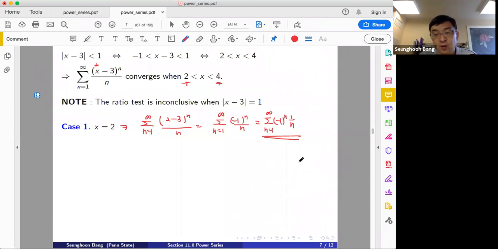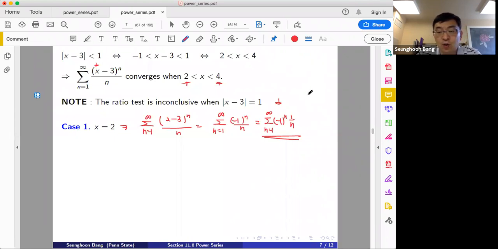Could you write your answer on the chat board? Is the series convergent or divergent? How can you check?